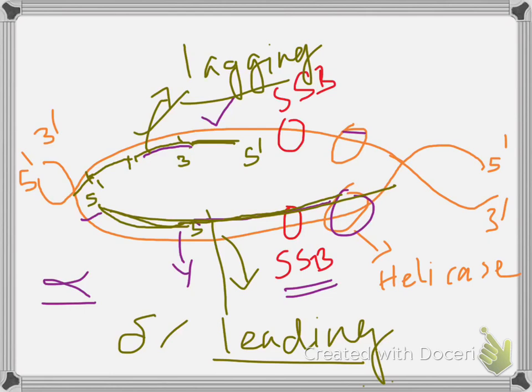So in the next step, all these primers are removed. The primers are removed by the exonuclease activity of the DNA polymerase, forming strands like this.